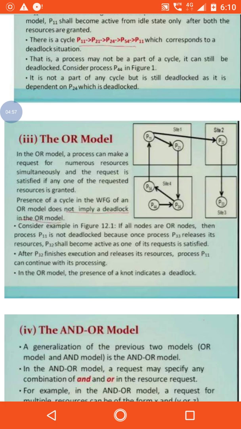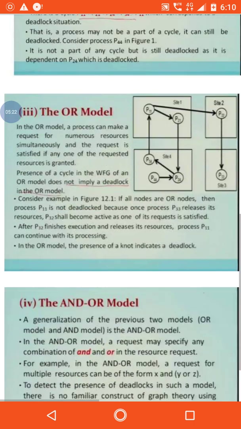But in the OR model, if any one of the requested resources is idle, it will use that resource. In the OR model, the process can make a request for numerous resources simultaneously, and the request is satisfied if any one of the requested resources is granted.